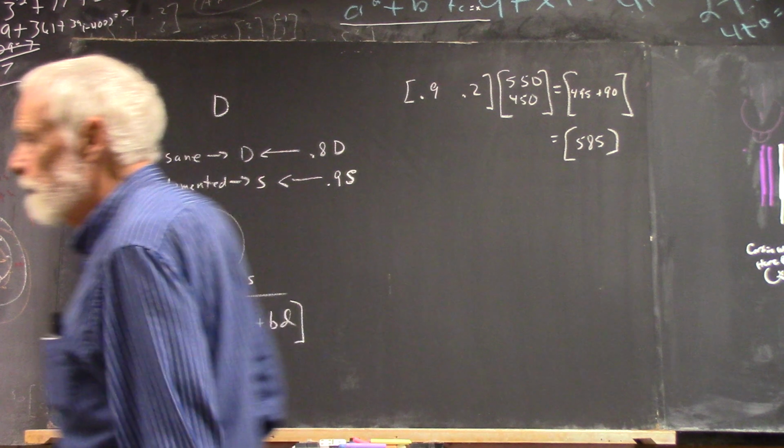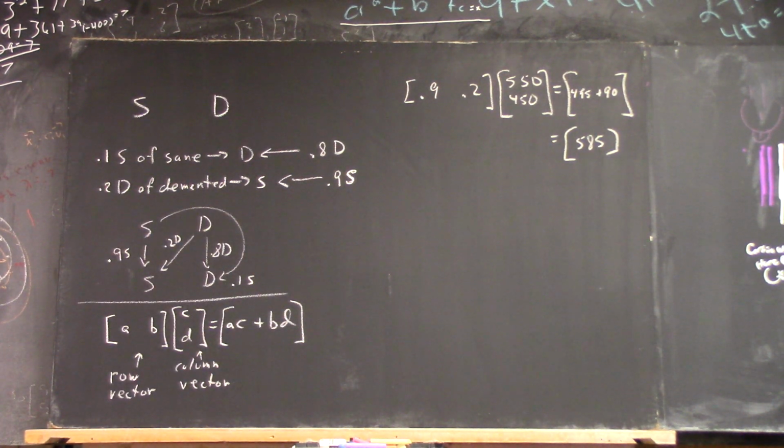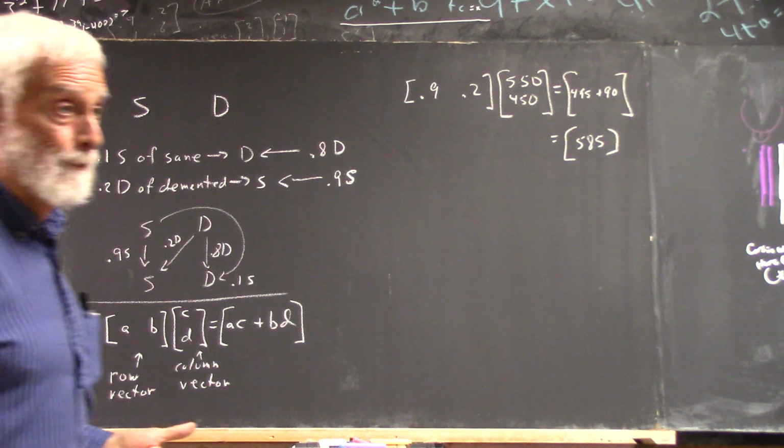Okay, well, is that familiar? That's what we get if we have 550, 450 for our population. That's the number sane. Okay?